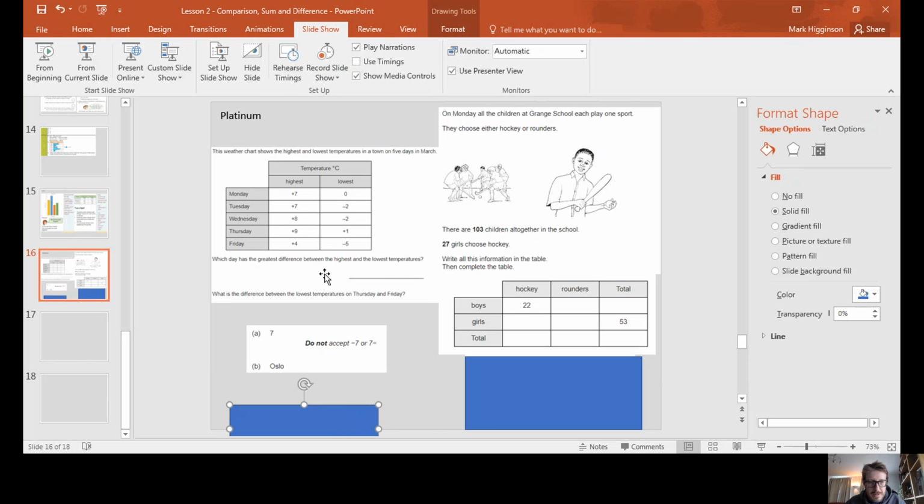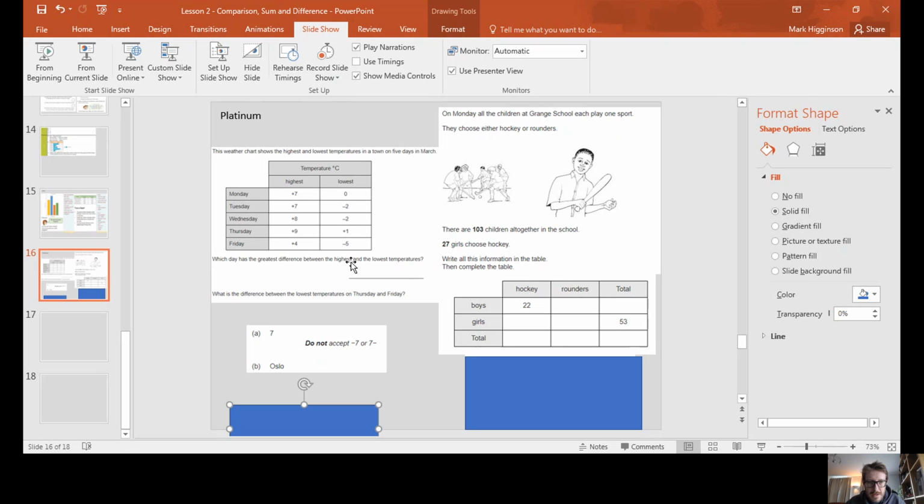And then our platinum questions. The difference between the highest and lowest temperatures was 7 degrees. And the difference between the lowest temperature on Thursday and Friday. That's not correct for that one. What is the difference between the lowest temperature on Thursday and Friday?